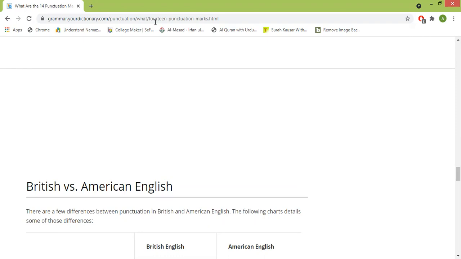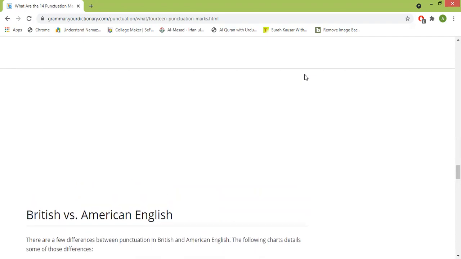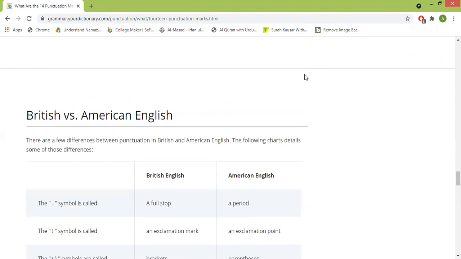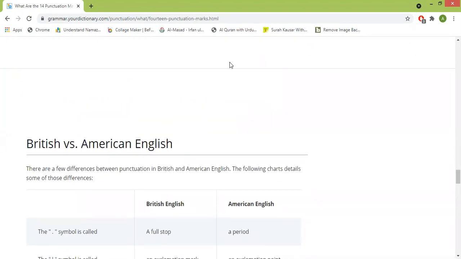When we are exactly conveying the words of someone to another person, or similarly, when we are quoting the quotes of some famous person, we use quotation marks. If you are adding quotation marks somewhere, you have to be accurate. You don't have to change the wording within the inverted commas or quotation marks. Got it? Okay, students, that's all for today.